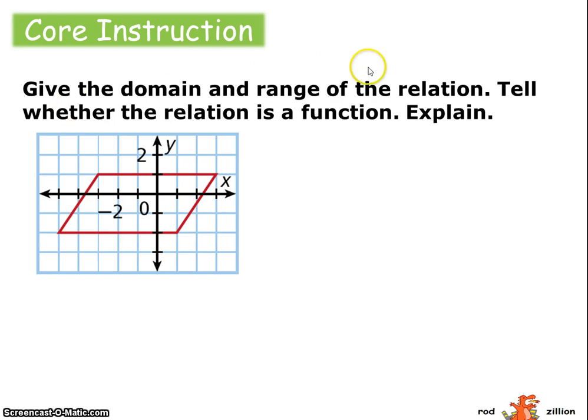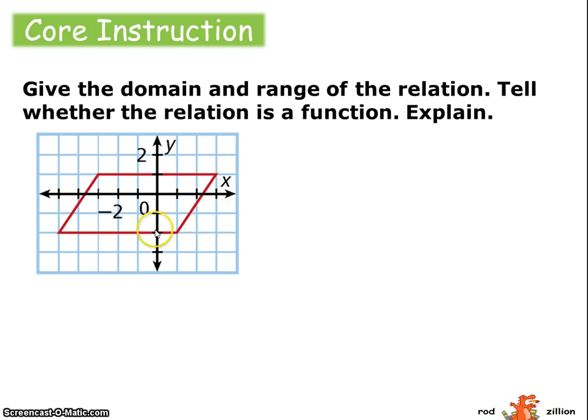Looking on the graph, the domain and range of the relation, and tell whether the relation is a function. Now on a graph, again, we're looking at the x values. So this stretches all the way from negative 5 to positive 3 for your domain values.